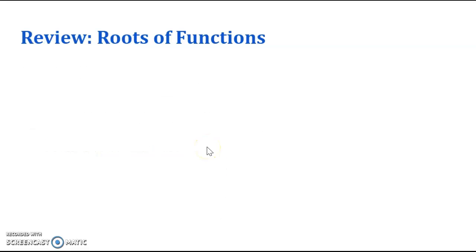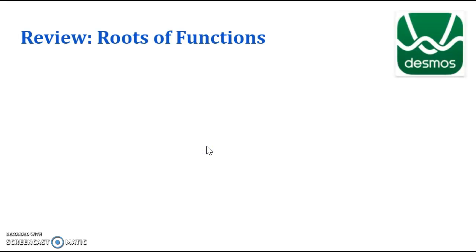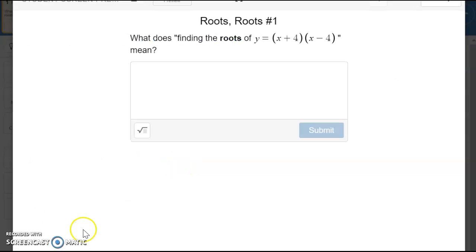So let's review roots of functions. This is Desmos activity card number 1. From last lesson, we defined roots to be values of input that give an output of 0. That means we are looking for values of x that give y to be 0.